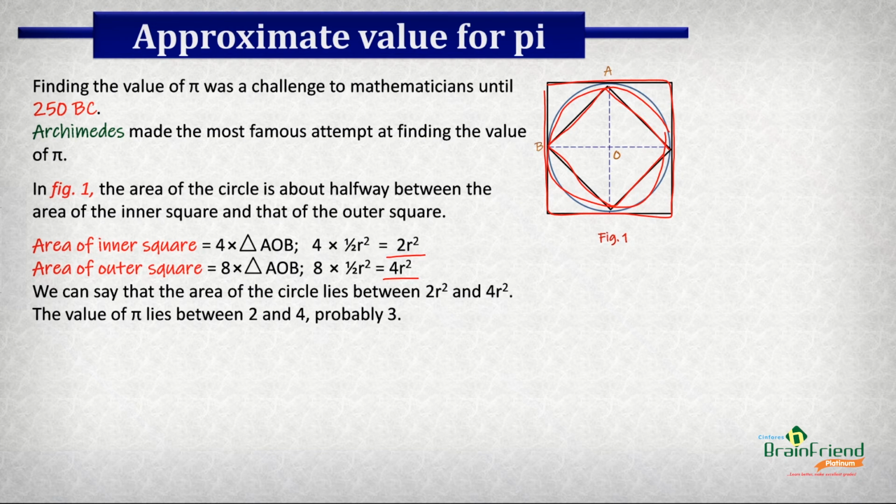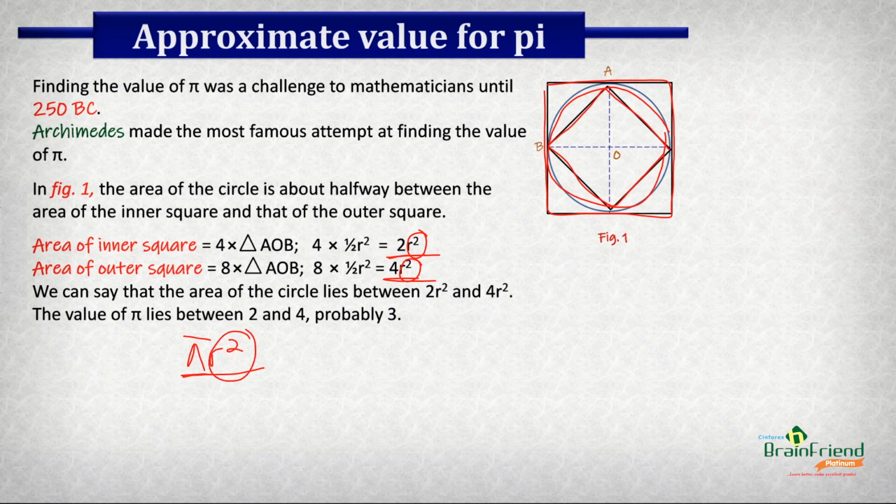Now, as we know, to find out the area of a circle, we usually use the formula pi r squared. If you observe pi r squared and these two areas, you realize that r squared is common in all the three figures.